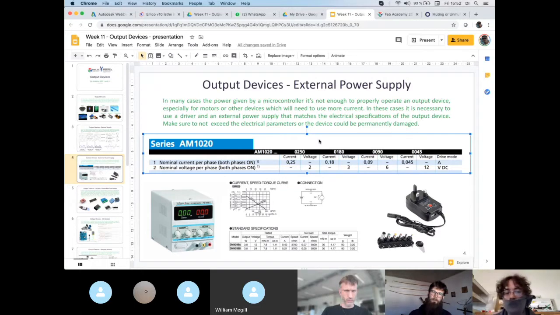If you supply the same voltage or the same current to the microcontroller, you can easily blow it up, because we know that the FWAR that we use work with a maximum of 5.5 volts. So if you connect 12 volts or 24 volts, the microcontroller is going to blow up. So you can make a separate circuit to make sure that your device is powered by that, and your microcontroller is powered by something else.